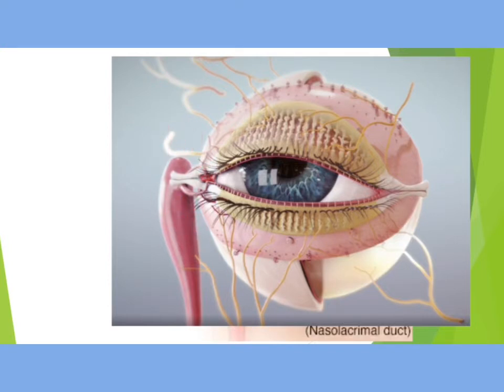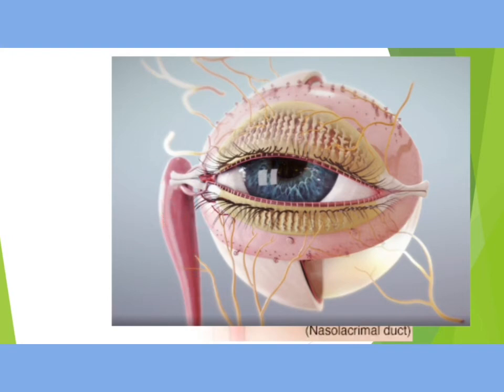From the word sac we can understand that something is stored there. In the lacrimal sac, the tears coming from the lacrimal gland, after passing through the canaliculi, get stored, and from the lacrimal sac the tear moves to the nasolacrimal duct.